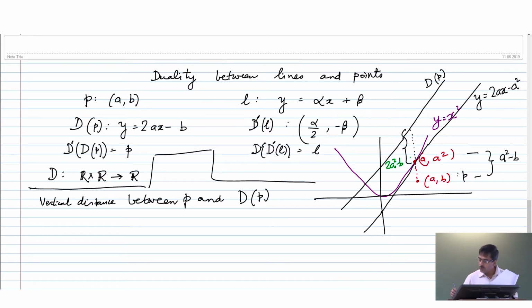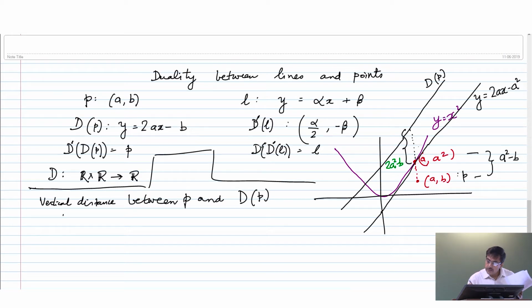Now, let me show some more properties, and let us look at the vertical. So, P and dP is the same distance.